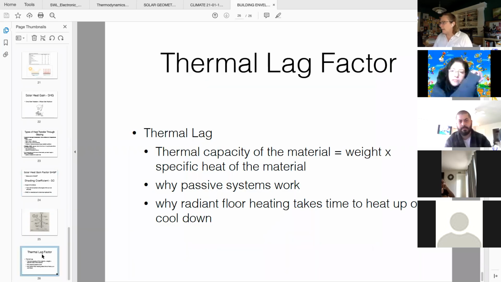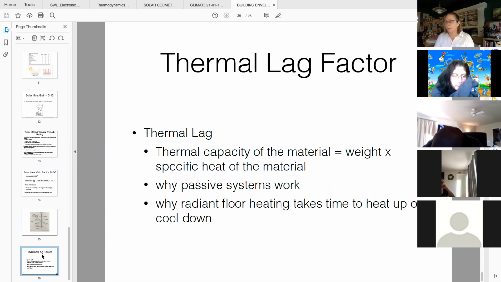And then the last factor today that we're going to touch on is called the thermal lag factor. This is important because when we get into looking at passive heating systems, this is why passive heating works. It's also why radiant heating systems have a lag factor in terms of how long they take to heat up a space.